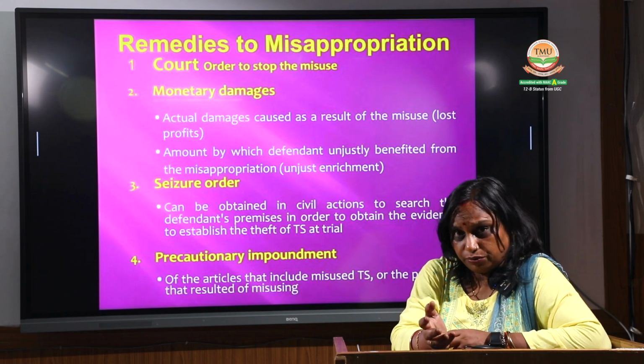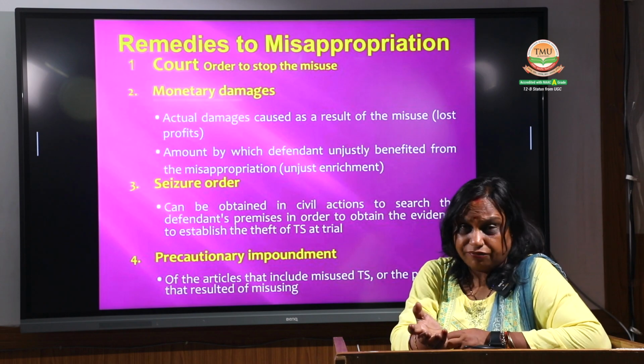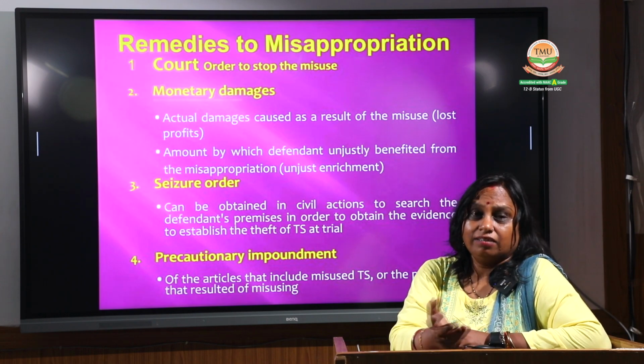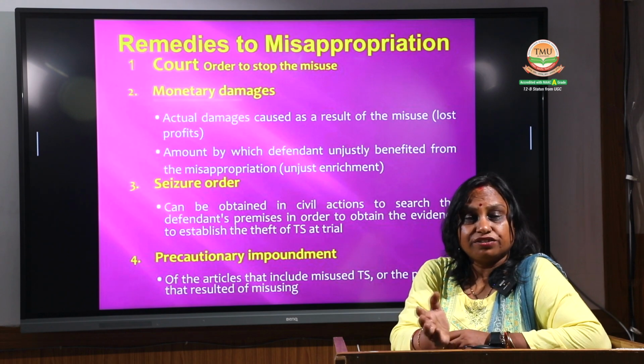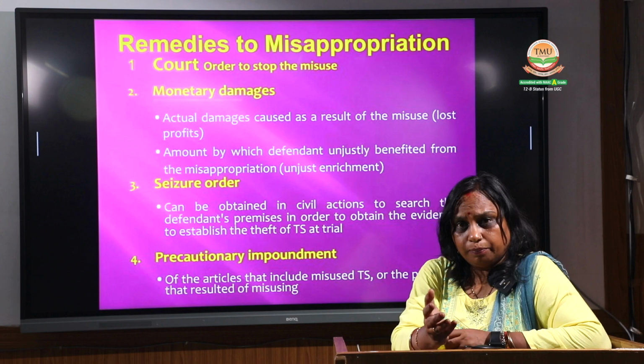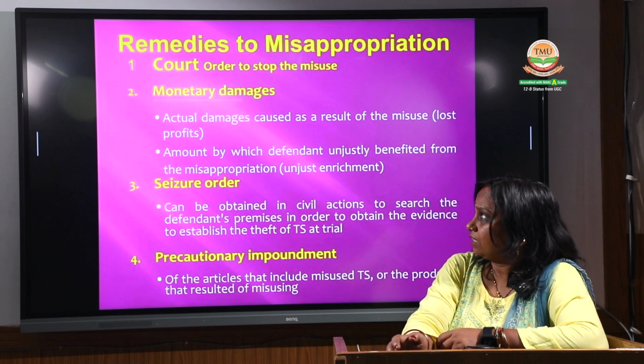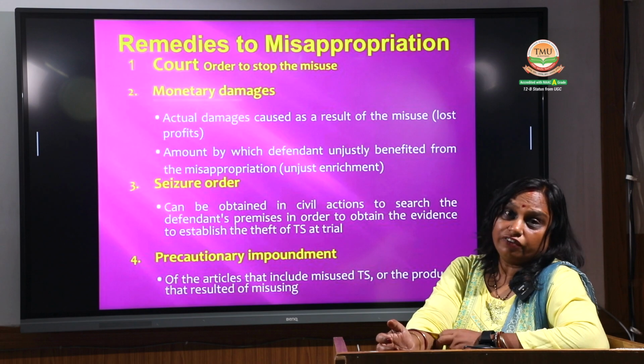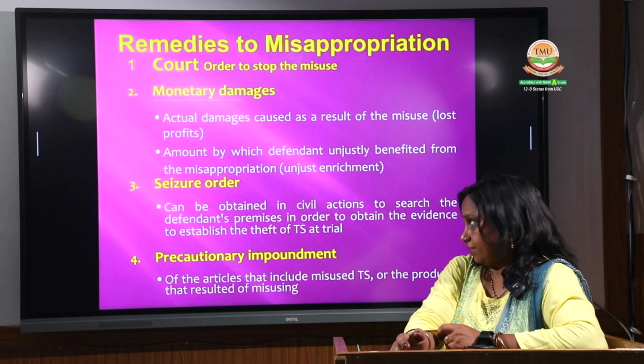They will not follow you, or for their own self-interest, they can breach a contract. They will not keep their promises. So in that case, what will happen if somebody is involved in disclosing the secret?